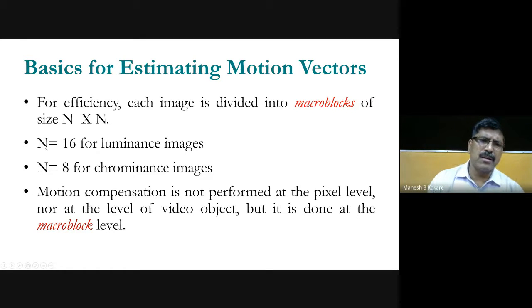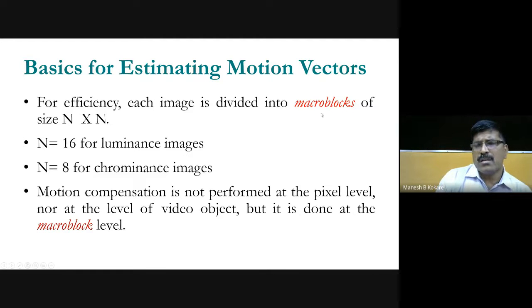For example, n is 16 for luminance images and n is 8 for chrominance images. For color images it is 8, and for luminance, grayscale images, it is 16.